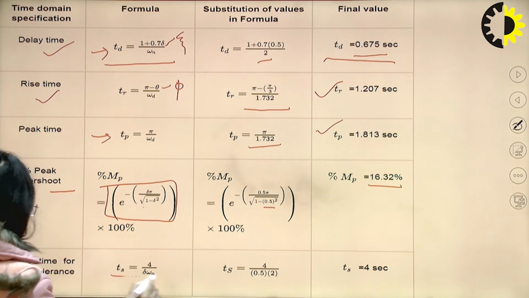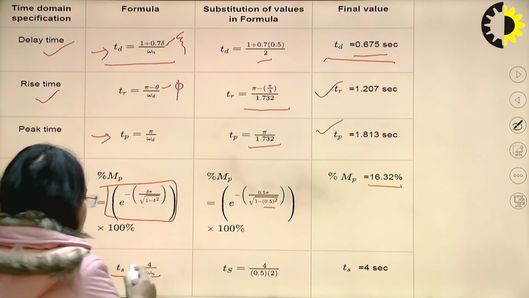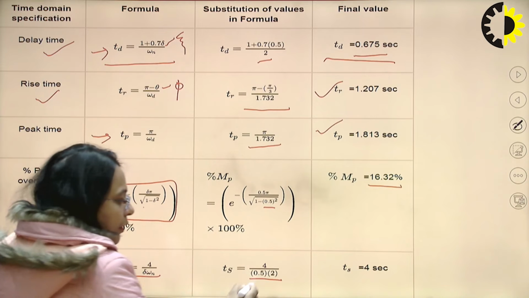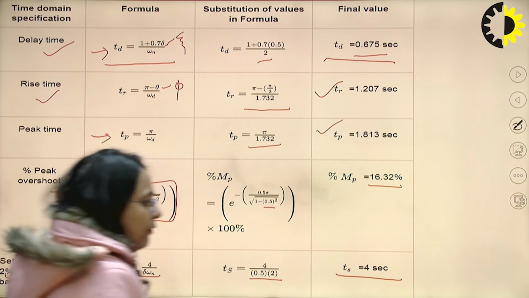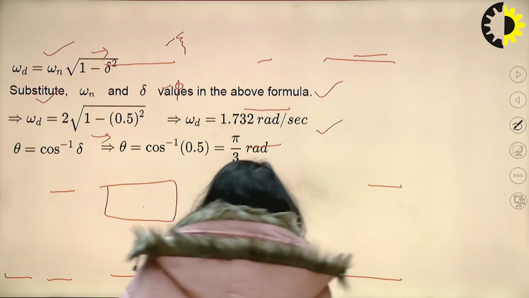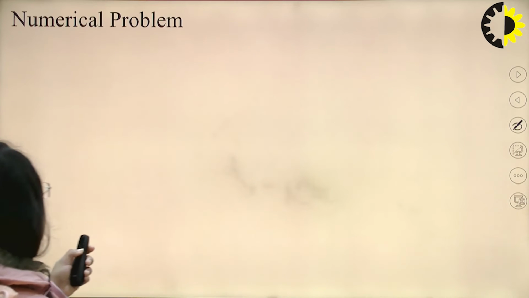For settling time with a 2% tolerance band, which I took in the previous slide as well, it is 4 upon zeta omega n. Putting in 0.5 and 2, the settling time is 4 seconds.